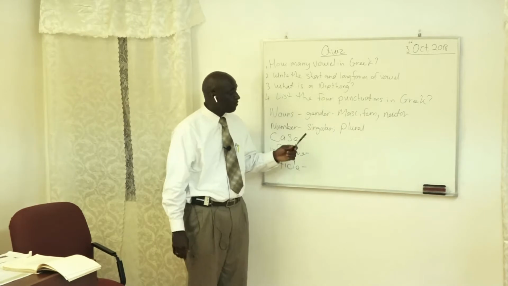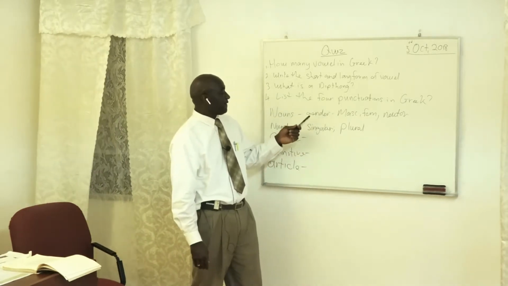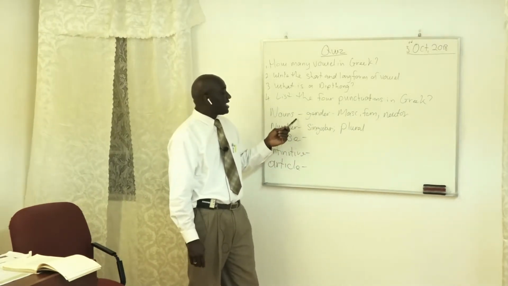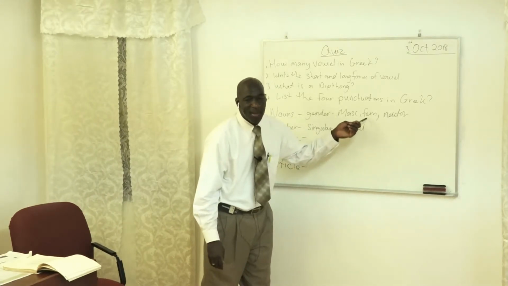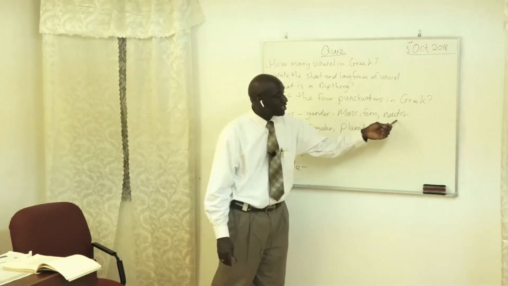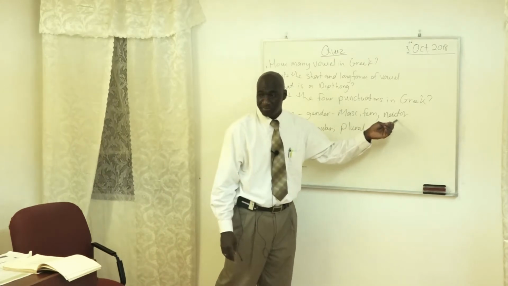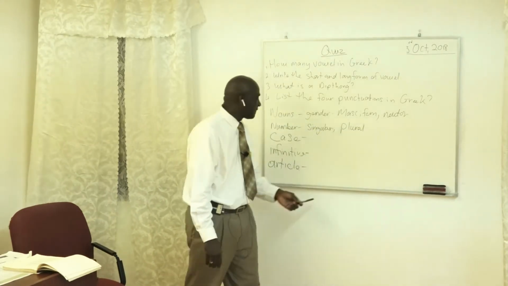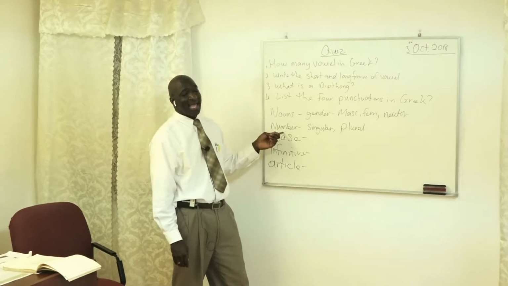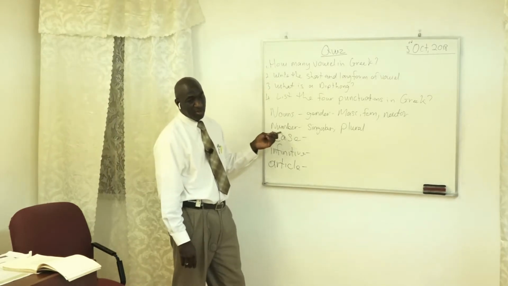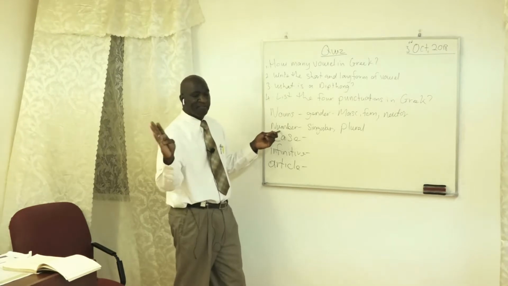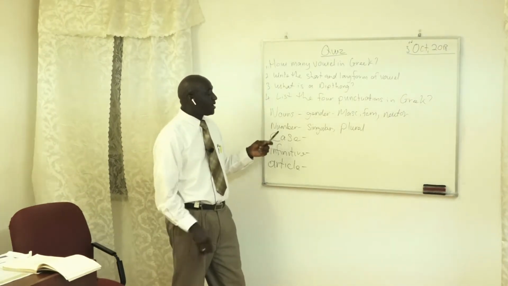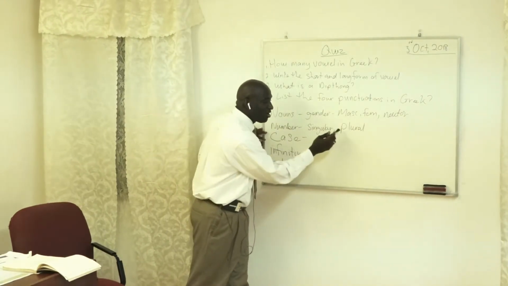Keep in mind, in English, these nouns have genders, masculine and feminine. Remember, when it comes to the Greek, there's also the neuter. Okay, keep that in mind. We want to understand the number. When we're talking about number, we're not talking about 1, 2, 3, 4, 5. No. Number in Greek is either singular or plural.